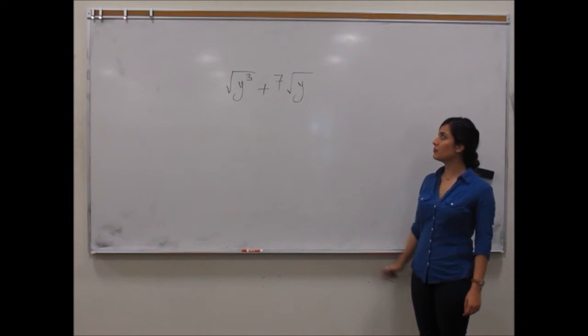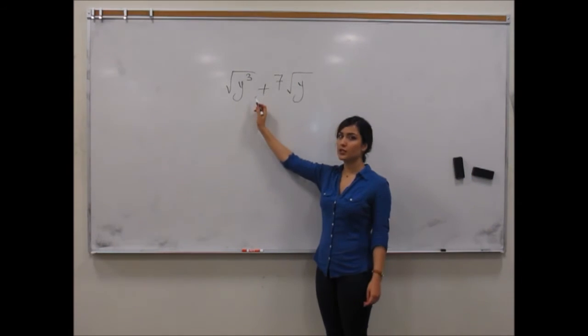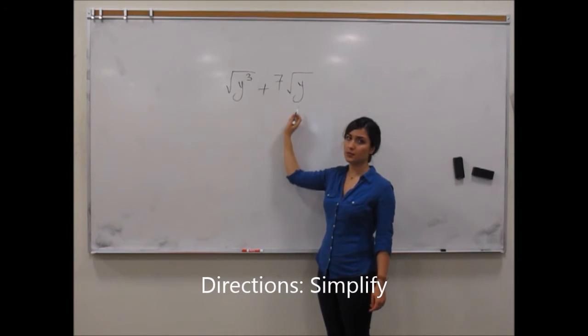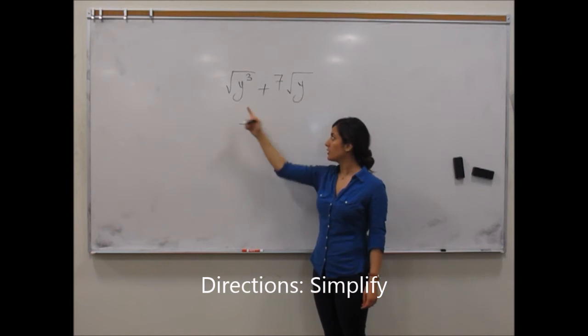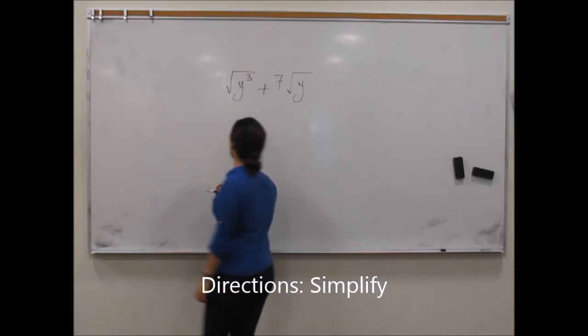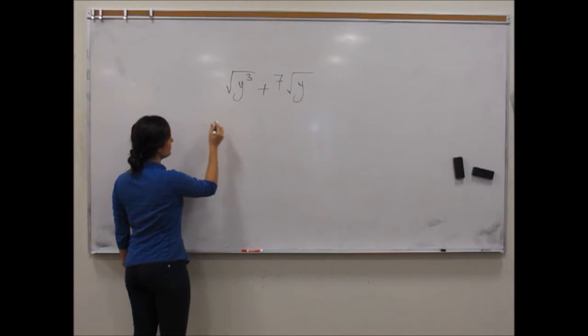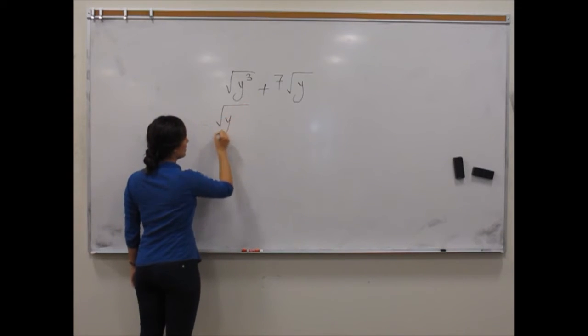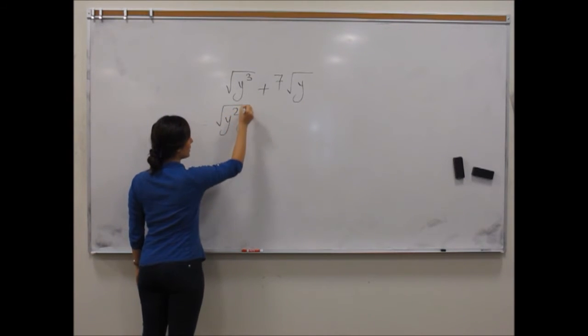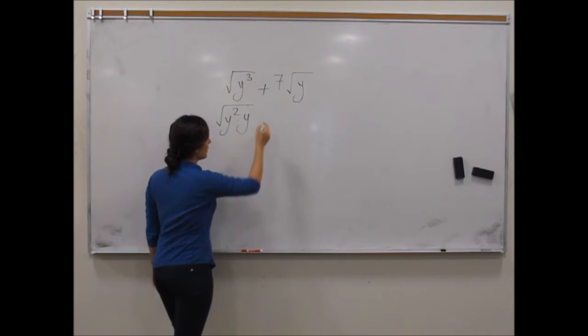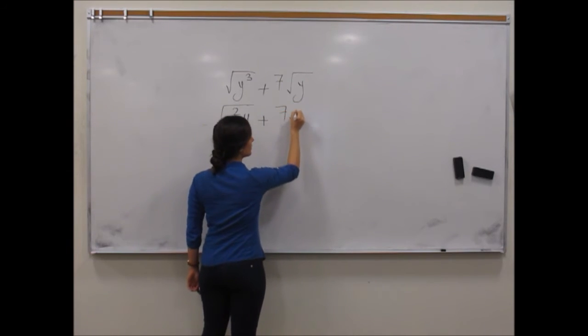I have one more example here: rad y cubed plus 7 times rad y. Okay. So to simplify this, I can write it as rad y squared times y, and that one is the same thing.